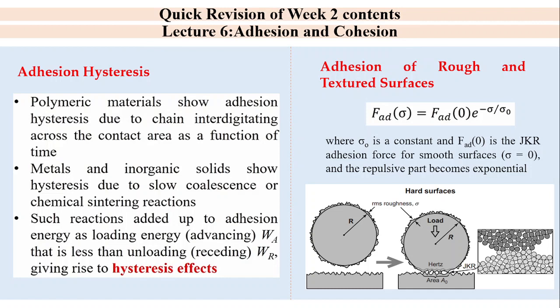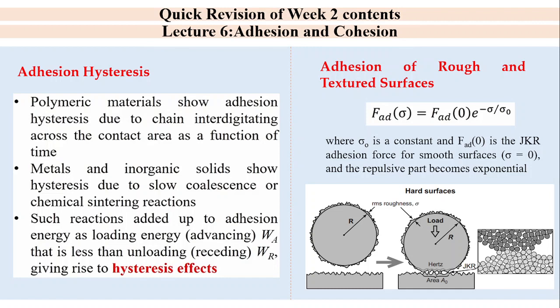These reactions add to the adhesion energy, also called the loading energy, which is the advancing work of adhesion, and which is less than the unloading, that is the receding work of adhesion, giving rise to the hysteresis effect.